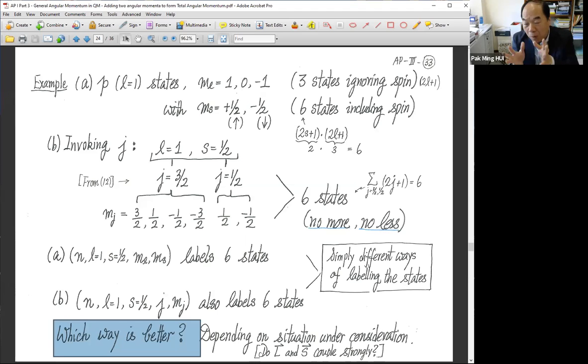So when they couple strongly, the entity that comes out as a combination of S and L will be a better description of the physical situation. After all, they couple, or they mix, into something else, the total J. And in that situation, using the J, Mj description will be advantageous.